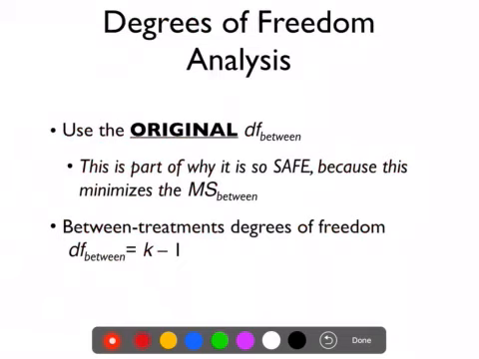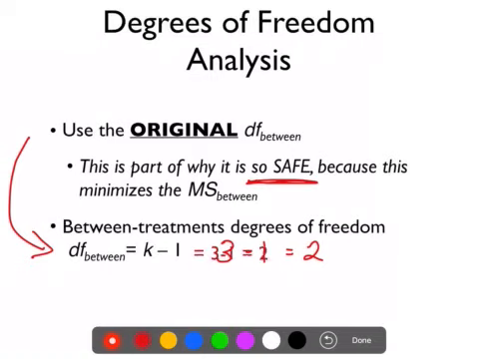We're going to use that original between value where we had 3 groups minus 1 is equal to 2. We're not going to recalculate that. Again, this is part of why Scheffé is so safe, is because we're using this higher original value. We're holding ourselves to a higher statistical bar than if we were to recalculate this.